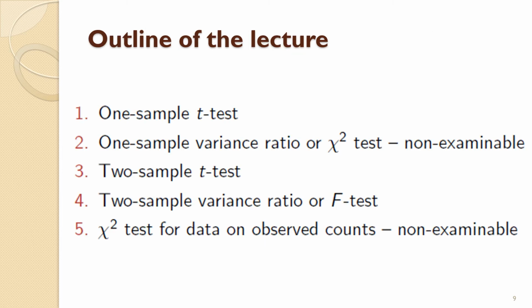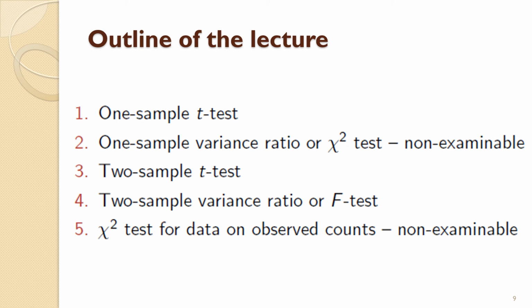So in terms of the outline of the lecture, I wanted to go through the one sample t-test, the one sample variance ratio or chi-squared test, the two sample t-test, and then a two sample variance ratio or F-test. The one sample variance ratio or chi-squared test is a little bit non-standard and so is examinable.